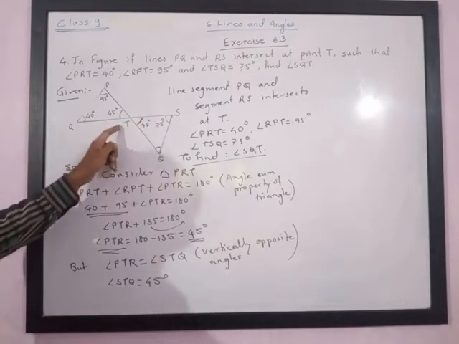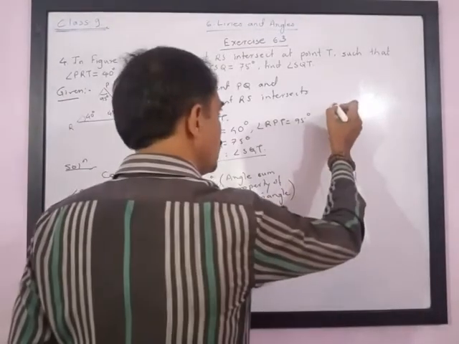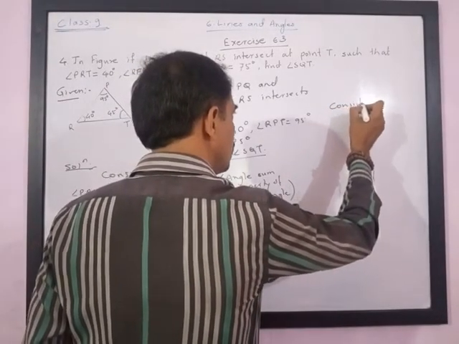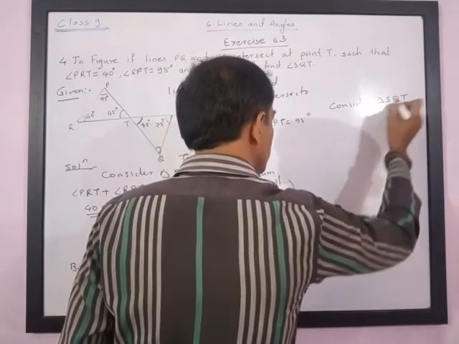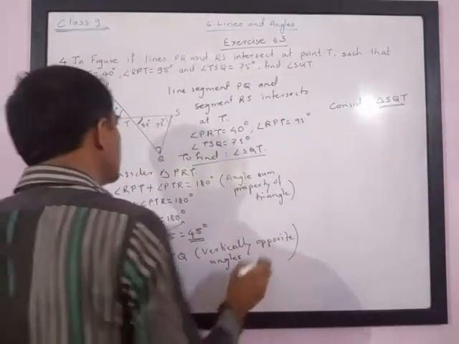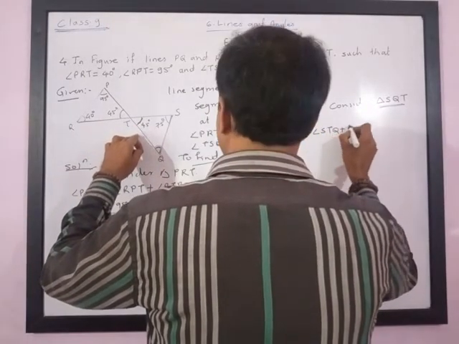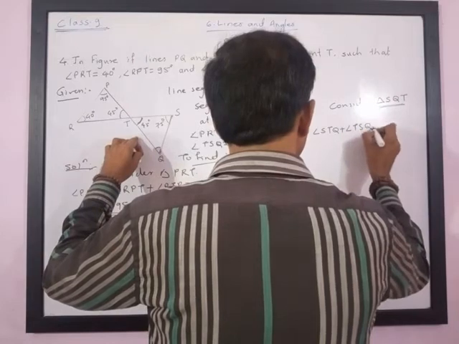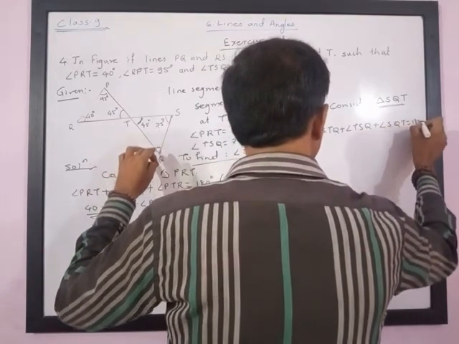Now again consider triangle SQT. So this time consider triangle SQT. In this triangle, again we can say that angle STQ plus angle TSQ plus angle SQT is equal to 180 degrees.